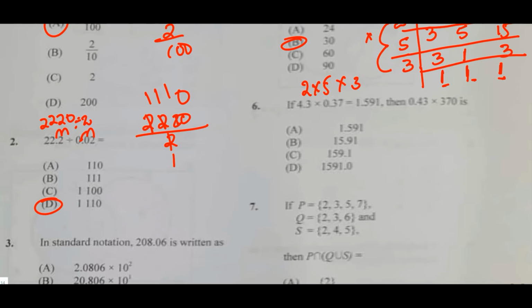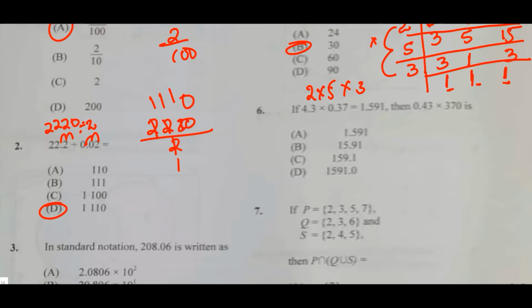Alright, number 6. Number 6 says, if 4.3 times 0.37 is equal to 1.591, then what is 0.43 times 370?